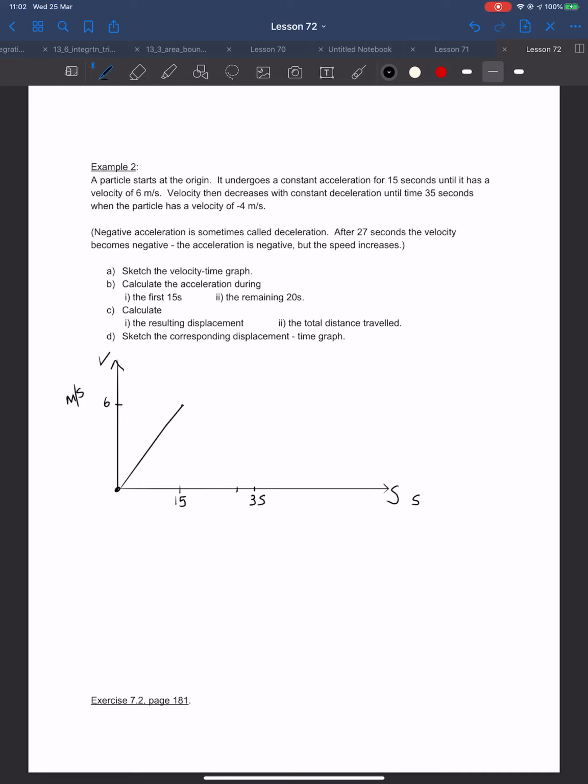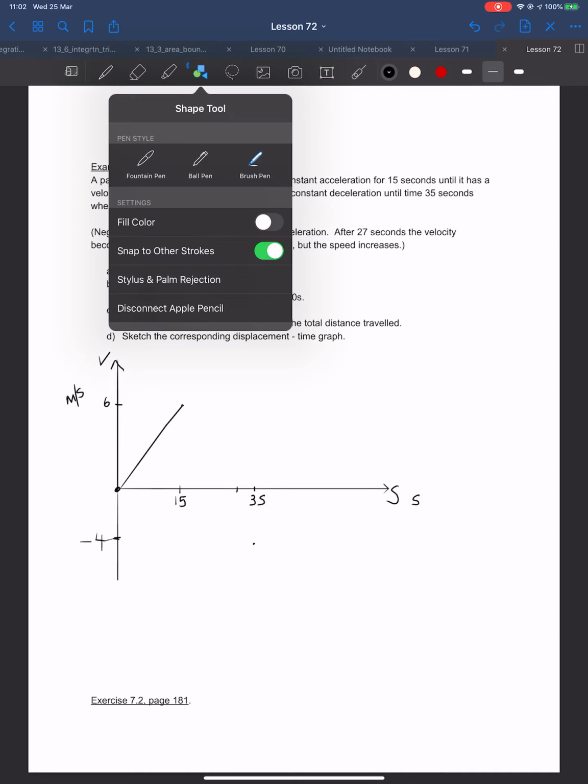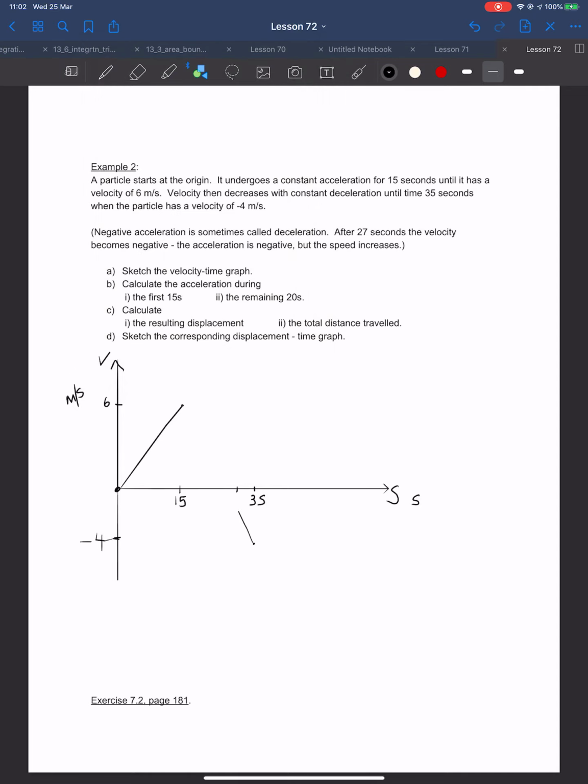So that's 35. Particle has a velocity of -4. Okay, so I want to go below here. And it's about 2/3 of that there, -4. Like that.